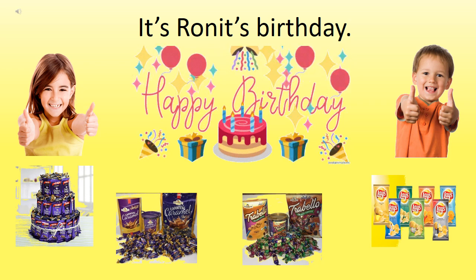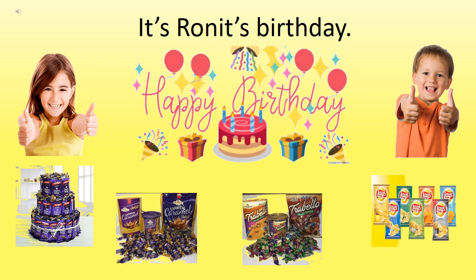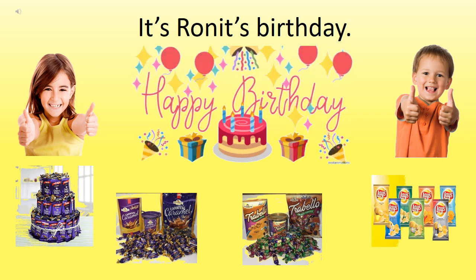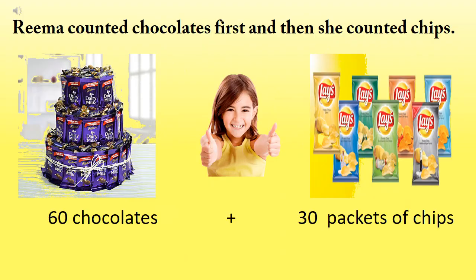But before that, let's imagine a situation where Ronit is going to celebrate his birthday. Ronit and his sister Rima went for shopping with their parents. They bought gifts for Ronit, cakes, chocolates, chips, toffees and many more things. When they came back home, their mother asked them to count chocolates and packets of chips.